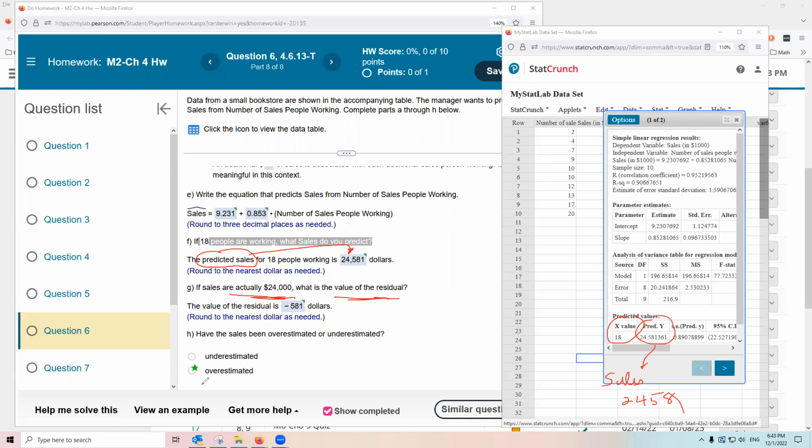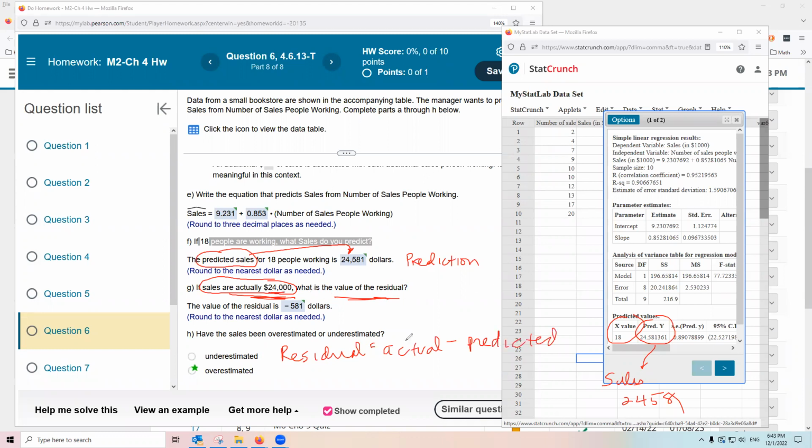What if we actually did put 18 people out there? Maybe the sales actually turn out to be $24,000. Remember, this is just a prediction. It's not an actual observed value. It's just a guess. Well, to figure out the residual, what you do is you take the actual and subtract the predicted. That's the definition of a residual.